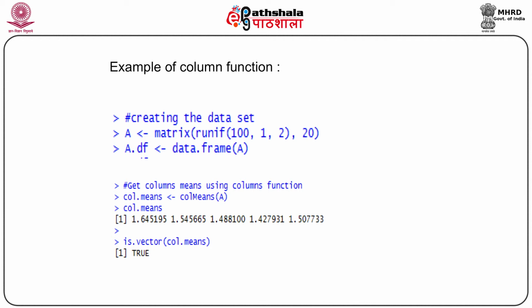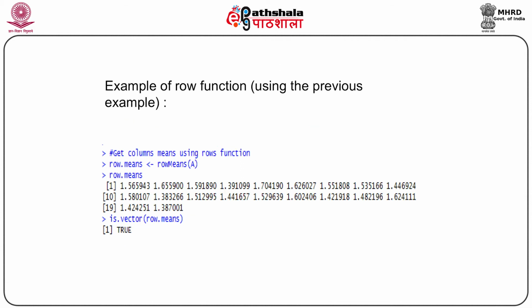The final data frame is stored in a.dataframe, and now it has 5 columns. The easiest way to get the column means is by using the colMeans function. In a similar way, the row means corresponding to the 20 rows can be obtained using the rowMeans command, and here we have the set of 20 row means.